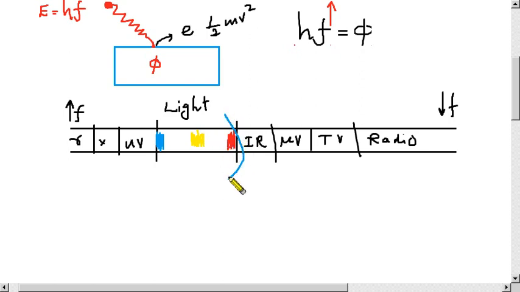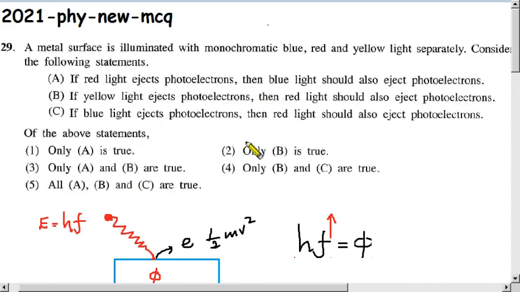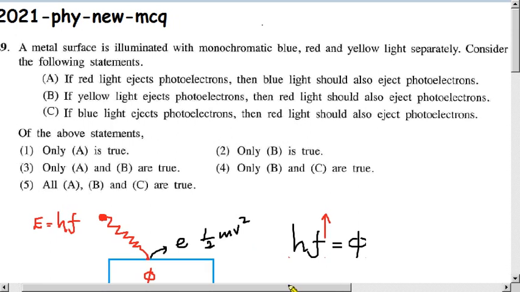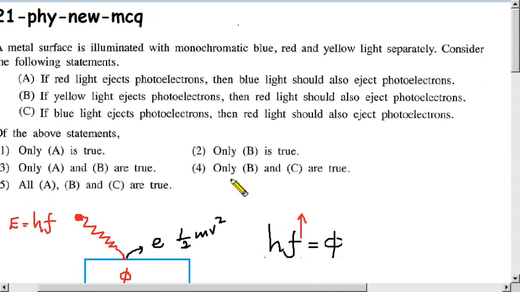If red ejects electrons, then definitely this one and this one can eject electrons, because their frequency is higher than even red. If red at least ejects electrons, then these two must eject electrons. That is how we do the logic, that means the argument.